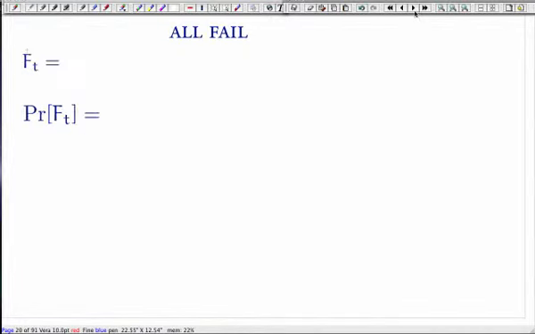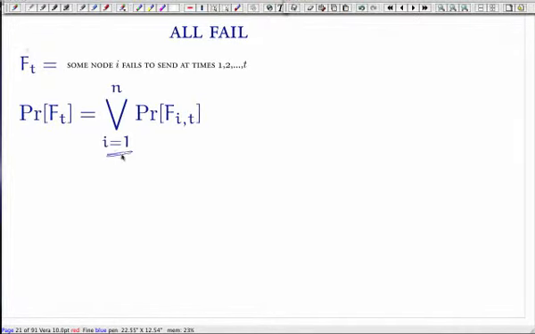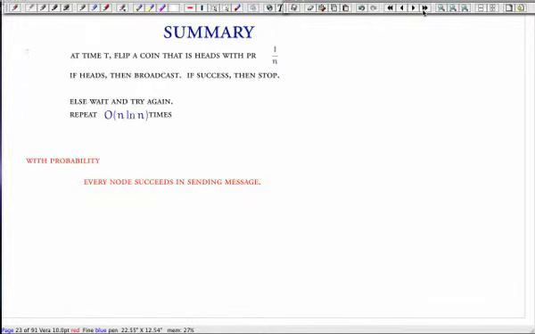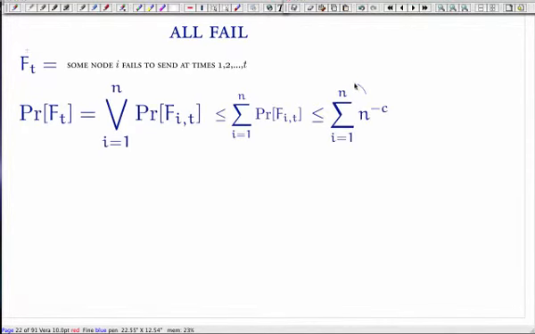Right? And we can put all of these things together by what's called a union bound. What is the probability now that every single node is going to fail after that many times? You use a union bound, and again, you get this idea that by union bound, the probability that everybody fails is also going to be low if you pick your parameters correctly.